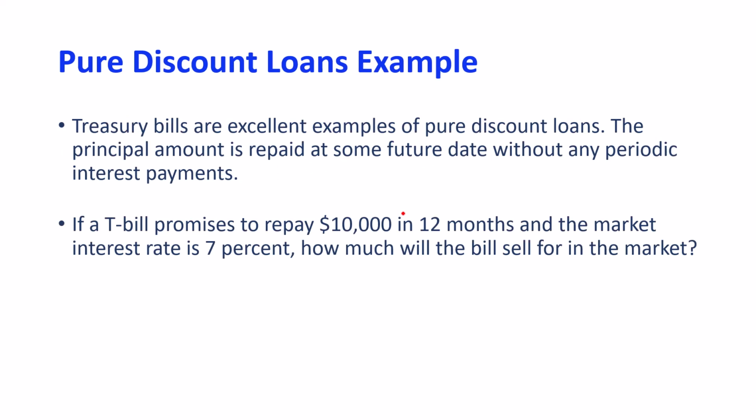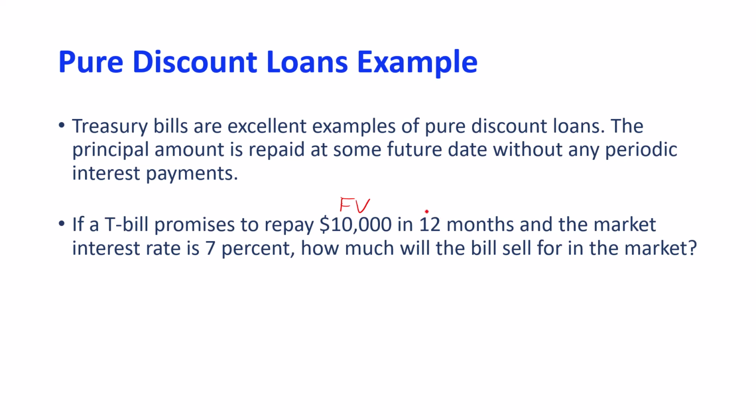US Treasury bills are sold at a discount, and the principal is paid at some point in the future without any periodic or interim cash flows or interest payments. So if a T-bill promises to pay $10,000 in 12 months, you receive the future value of $10,000 in 12 months, right?